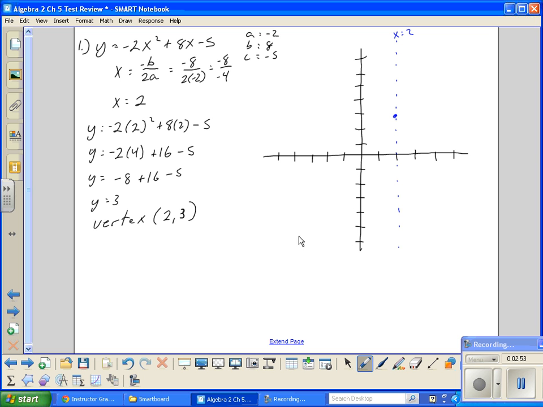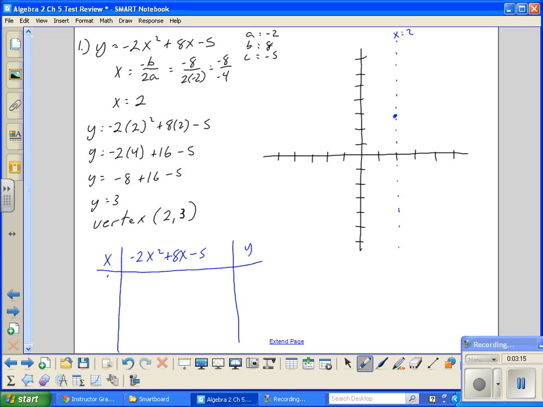So since our axis of symmetry is at 2, I'm going to use positive 1 and 0 as my x values to plug in. So I'm going to plug those into the equation, negative 2x squared plus 8x minus 5 to get my y value.